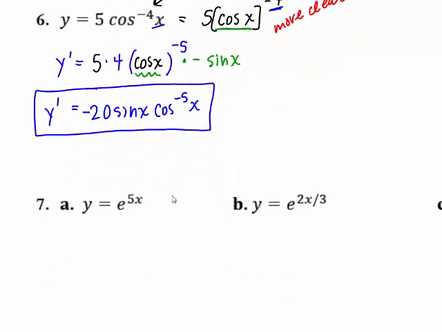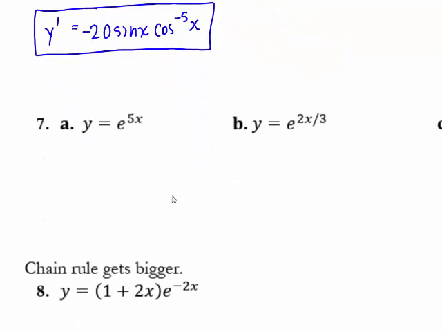We also can have chain rules as exponents of a natural exponential function. So remember, e to the x is its own derivative. However, there's an inside in the exponent, 5x, so it's not just x anymore. Now it's 5x, which has a non-trivial derivative. Y prime is the derivative of the outside.